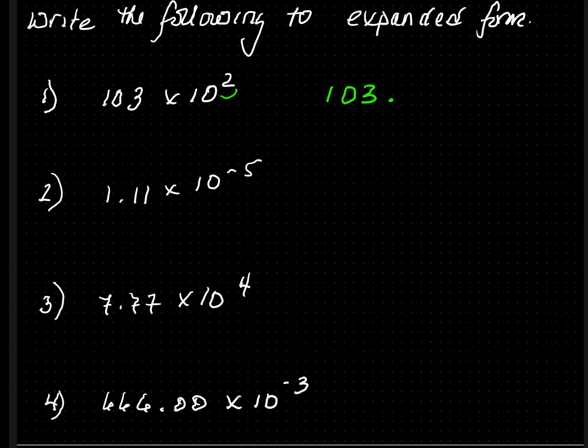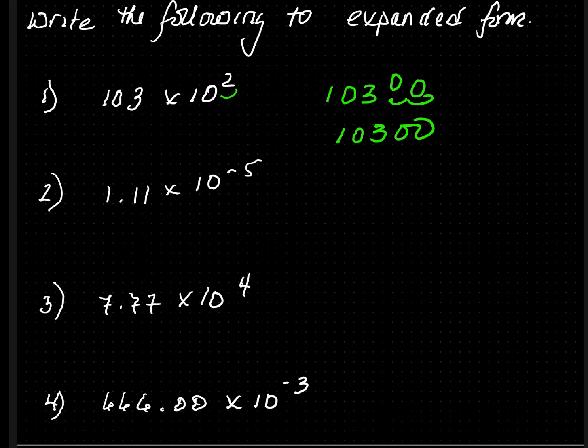Since it has a positive exponent, which is times 10 to the positive 2, I know the number is big, so I need to move the decimal to the right 2 places. 1, 2. Remember, the exponent tells you how many times you move the decimal. Now in these spaces, we must add zeros as placeholders. So now my answer is 10,300.